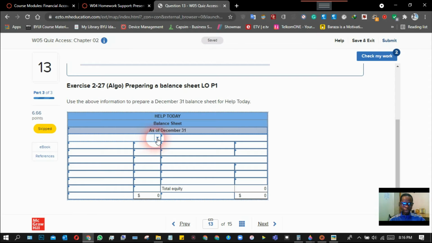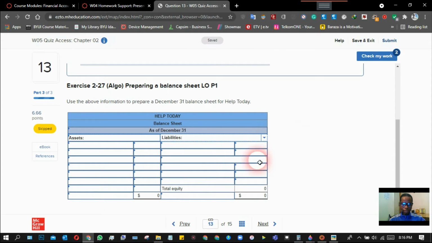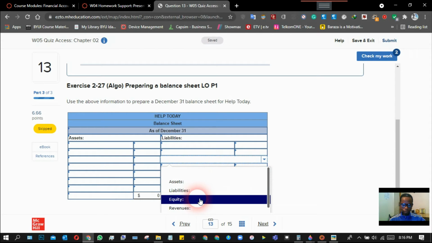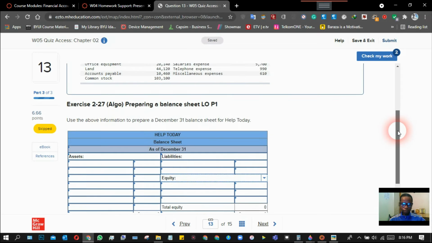Then on the left side we put assets. On the right side we'll have liabilities and equity. We'll have assets equals liabilities plus equity.